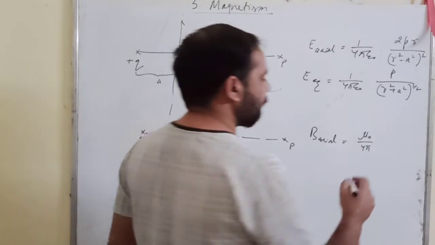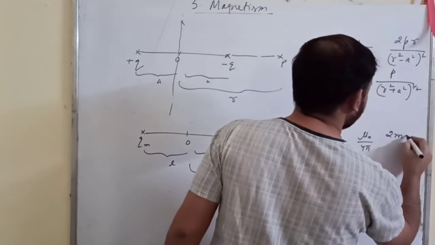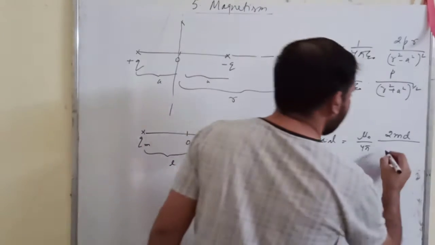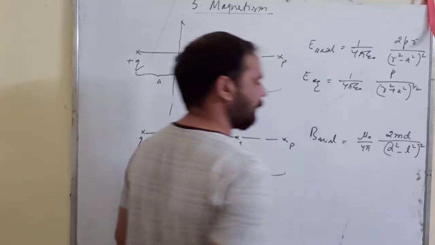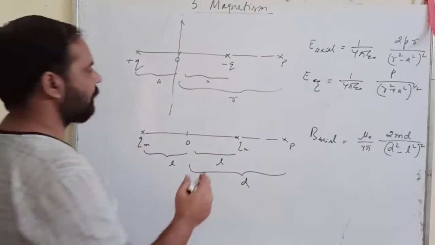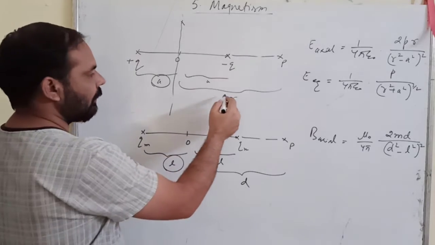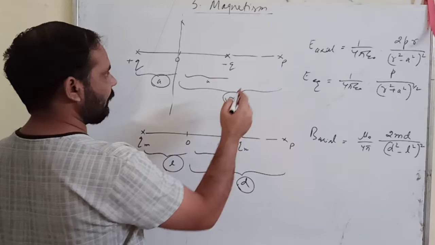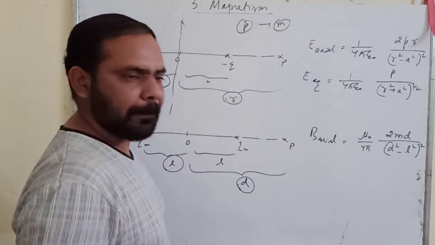Same type of formula you will get: 2p will be replaced by m, r will be replaced by d, upon d square minus l square whole square. So a is replaced by l, r replaced by d, and p is replaced by m.